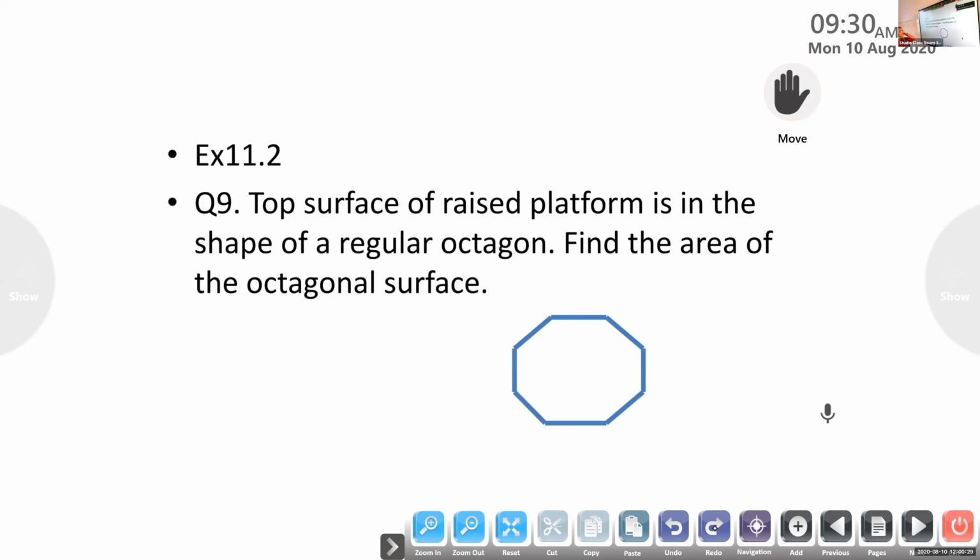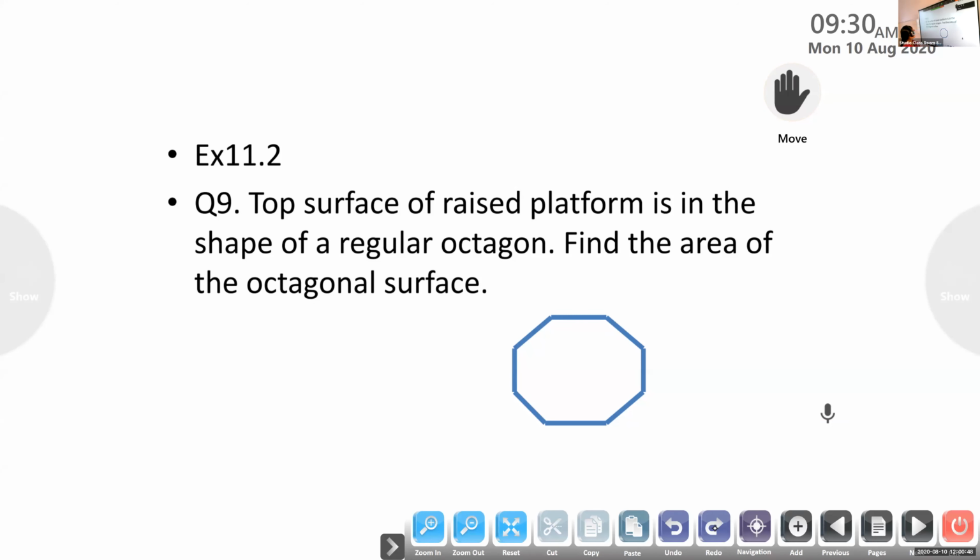The top surface of a raised platform is in the shape of a regular octagon. Octagon means how many sides? 8 sides. Okay. The top surface of a raised platform, like a stage, is octagon shaped.